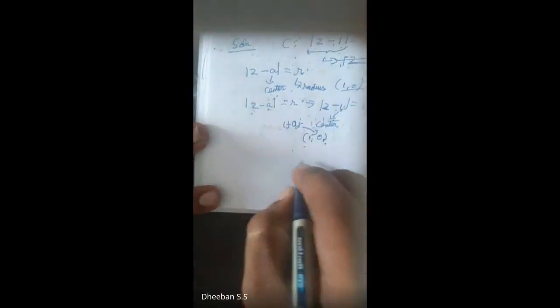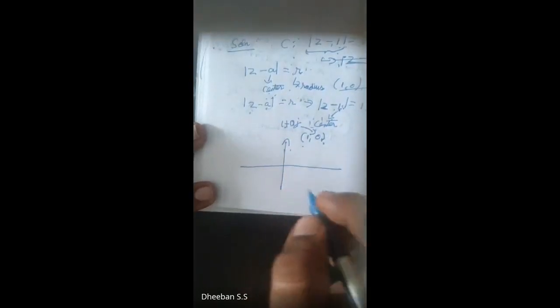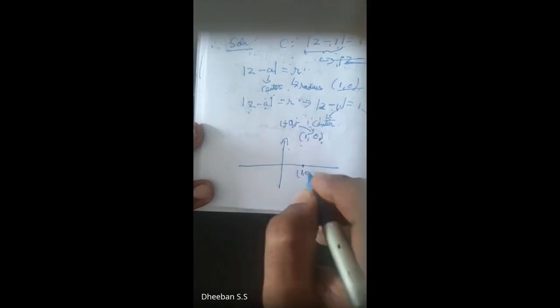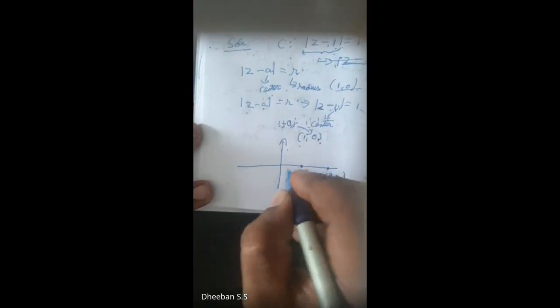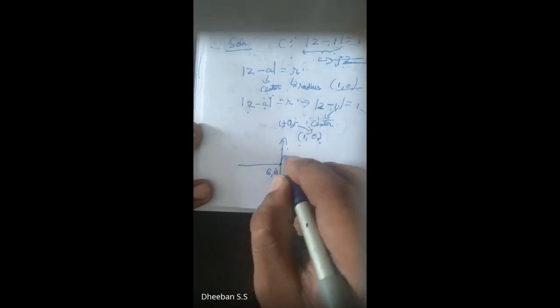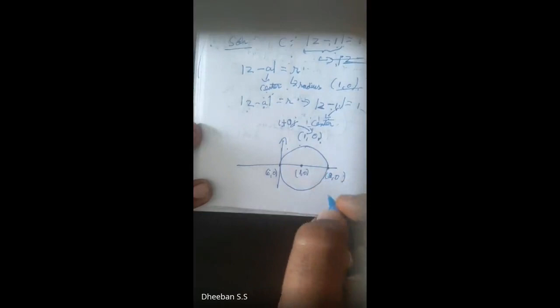Now you draw the unit circle, or rather the contour, with respect to your closed curve. Here comes your 1 comma 0. The radius is 1, so here it will be 2 comma 0, and this will be 0 comma 0. So your circle will be in this fashion. Now we have got your closed curve C.